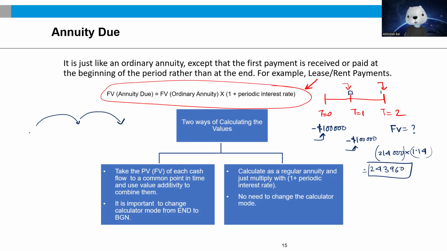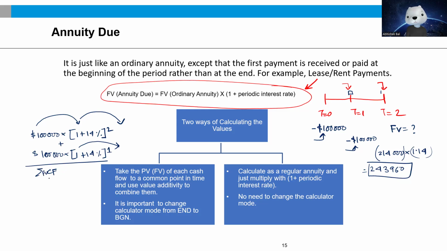So the first cash flow's contribution to the future value happens to be 100,000 multiplied by 1 plus 14% to the power 2, plus the next cash flow, which is happening at the beginning of the second year, is going to work only for 1 more year. Okay.